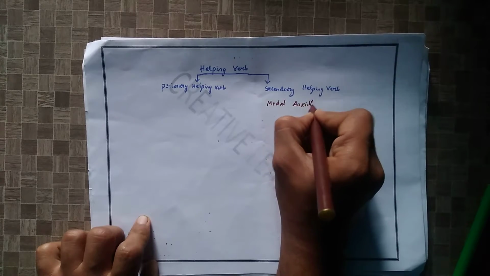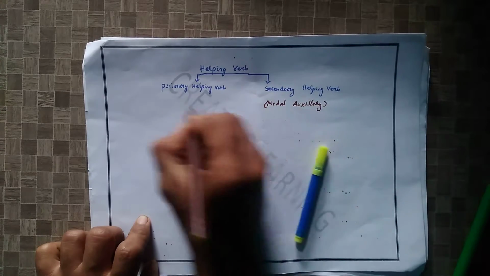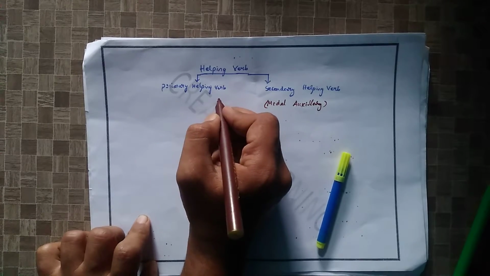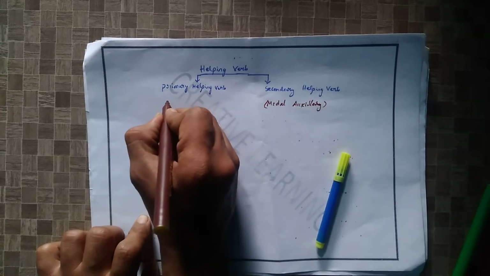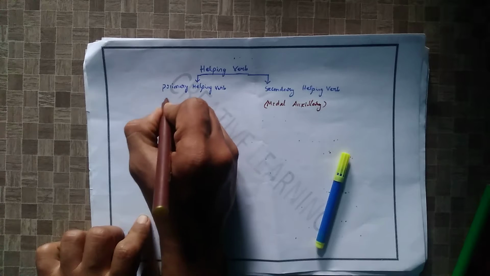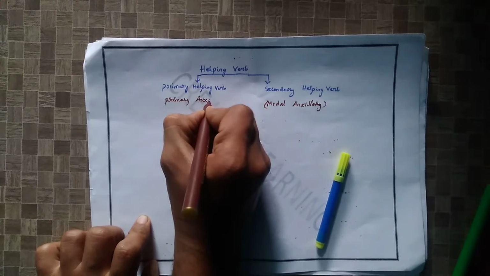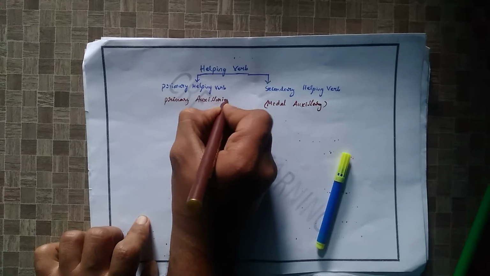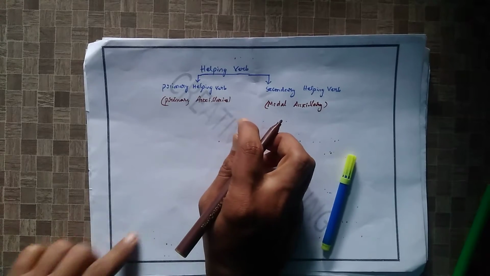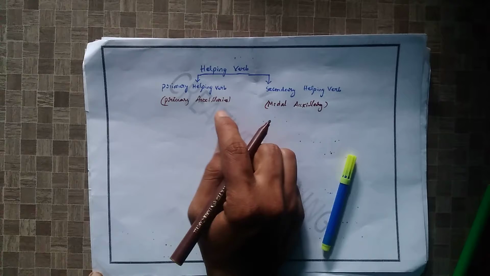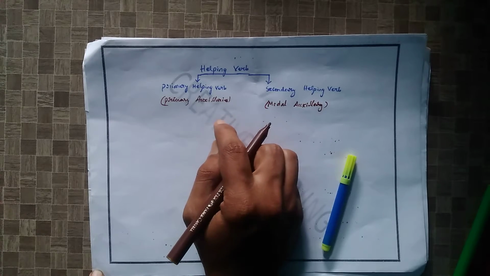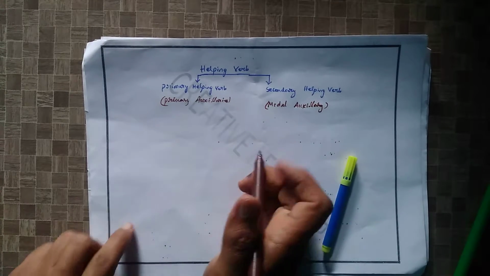Both have the same meaning. Primary auxiliary verbs are used to reveal question, negative and tenses.